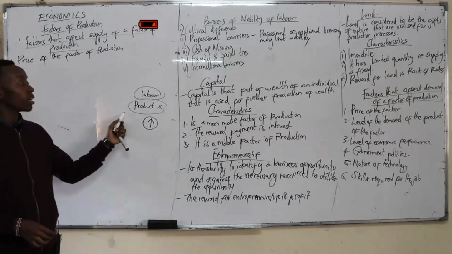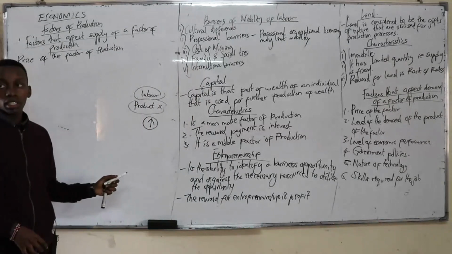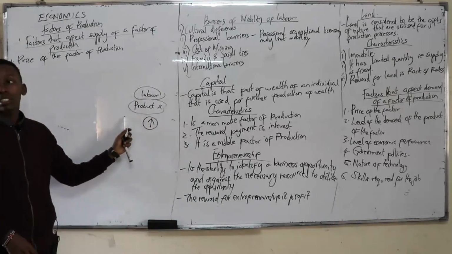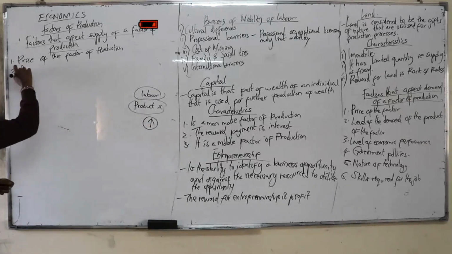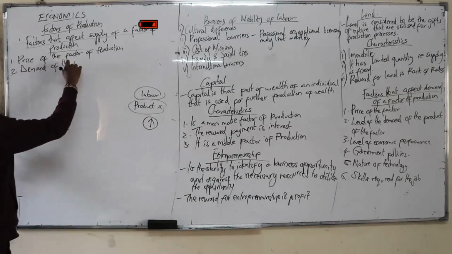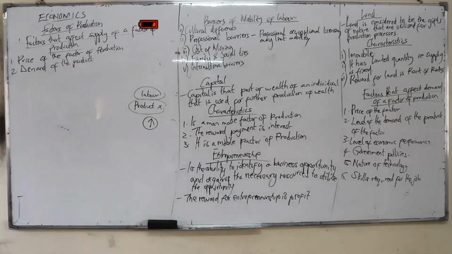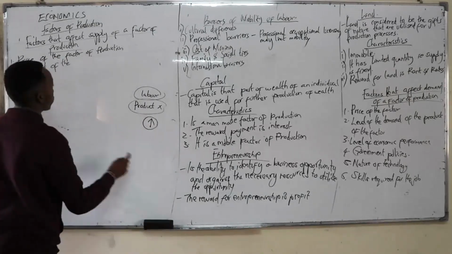If more people demand this product and we use labor to make it, to make more of it, will we need more labor or less? We'll need more. So the demand of the product, the demand of the output of the factor, also dictates the demand of the factor of production.